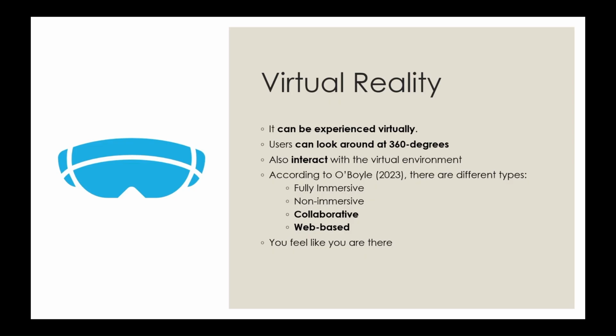You can look around at a 360-degree angle, which is a key feature of virtual reality, providing an immersive experience. You can interact with the virtual environment by clicking buttons, exploring different areas, and discovering new information along the way. The tour is collaborative and web-based, meaning that you can access it online and experience it with others.